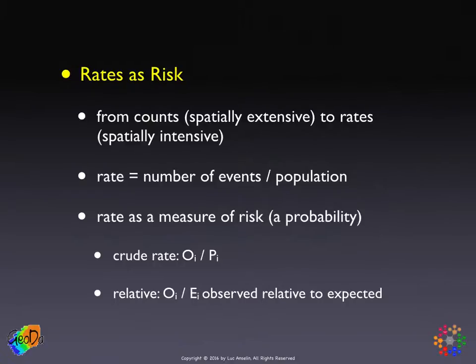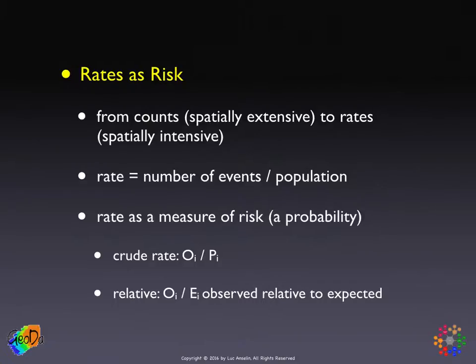So the rate basically is a proportion, a ratio. In the numerator, there's the number of events. In the denominator, there's the population, and more technically, it's called the population at risk. So to be a proper proportion or rate related to a measure of risk, the events have to come from the population.